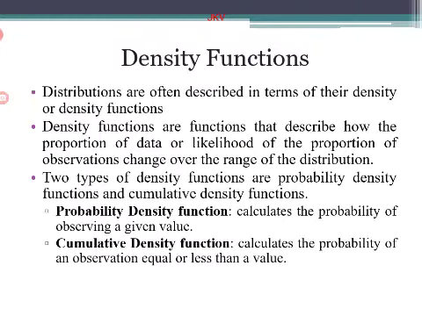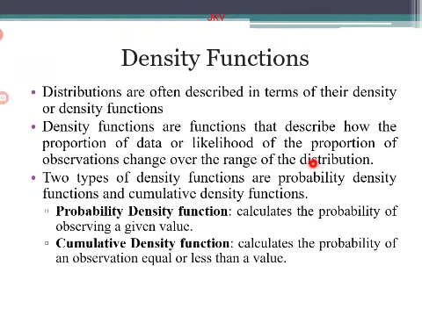Now, the second part which comes under this distribution is density functions. Density means how much a particular data is there for a particular group, or in simple terms, the frequency. The distributions are often described in terms of density functions. The density functions describe how the proportion or likelihood of observations changes over the range of distribution.